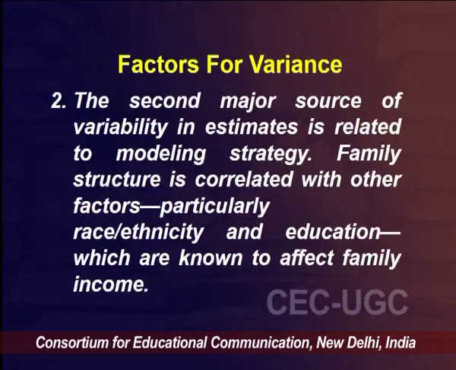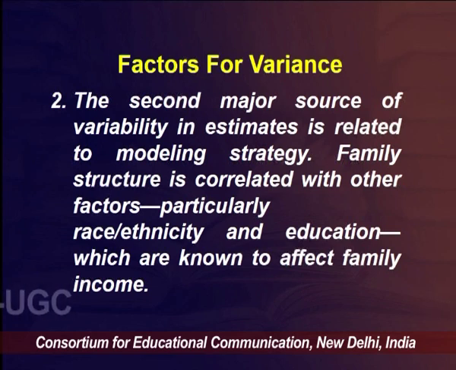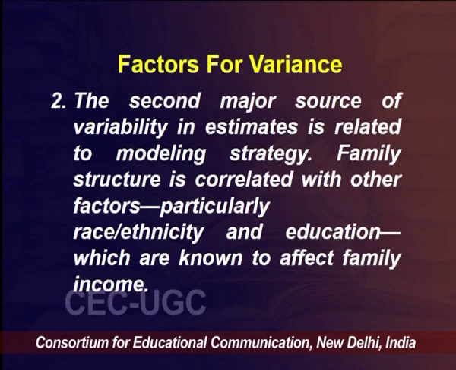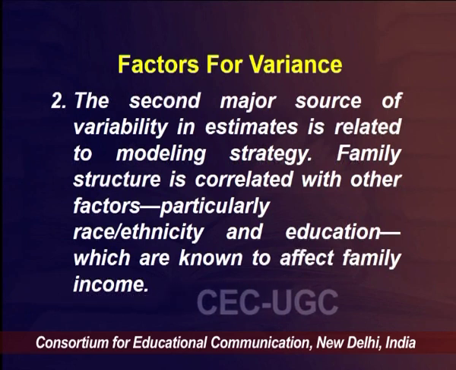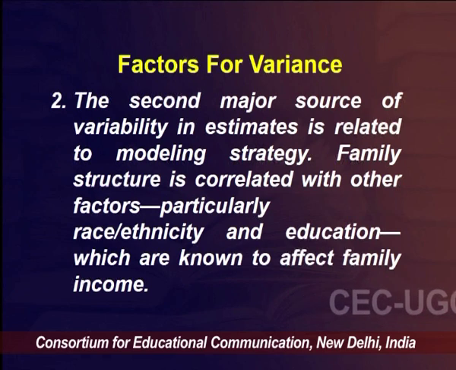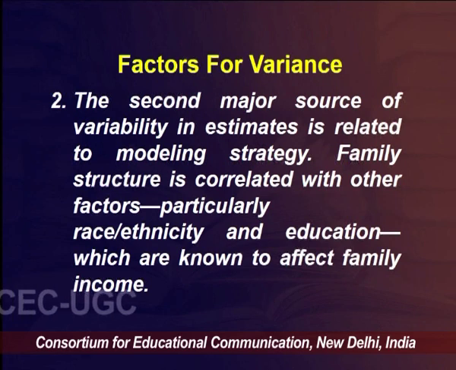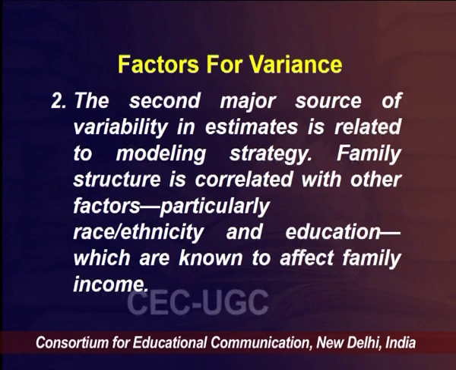The second major source of variability in estimates is related to the modeling strategy. Family structure is correlated with other factors, and what are the other factors here? It is race or ethnicity and education, which are known to affect family income.